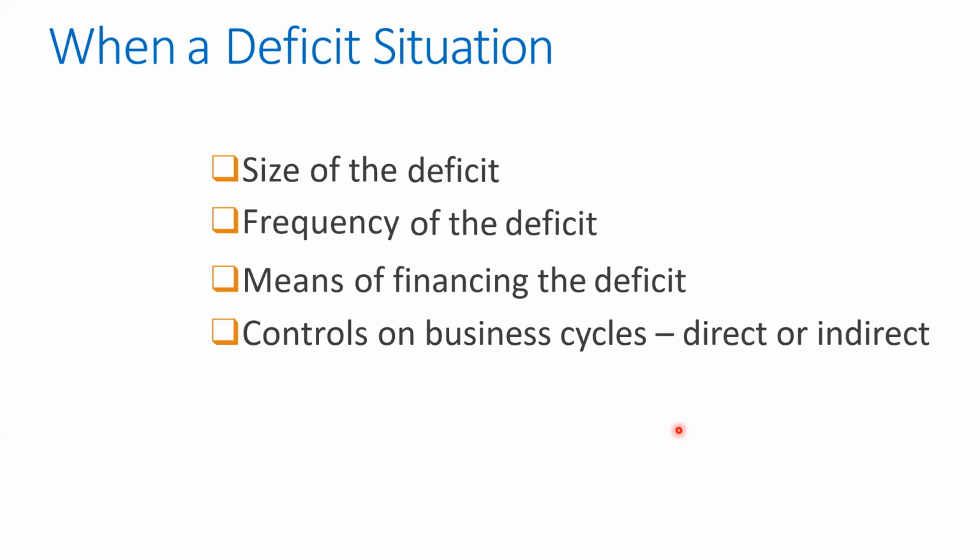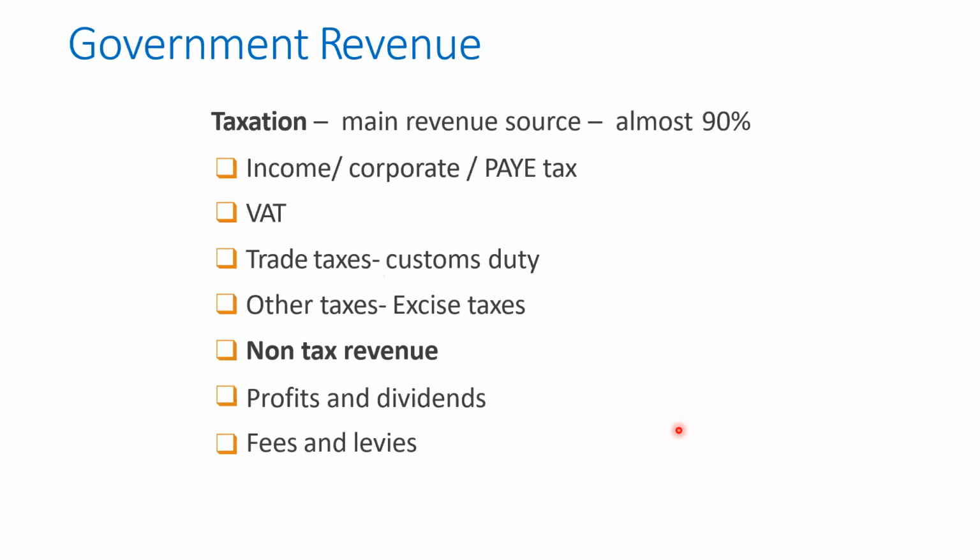Control on the business cycle, direct or indirect, was not thought of at that time. Maybe now they have analyzed the situation properly and may know the size of the deficit and what kind of financing methods to use.